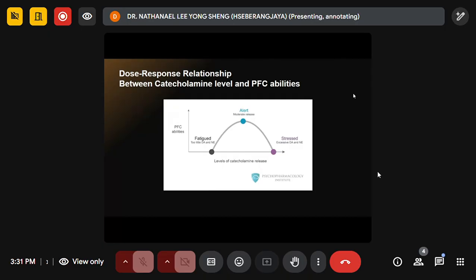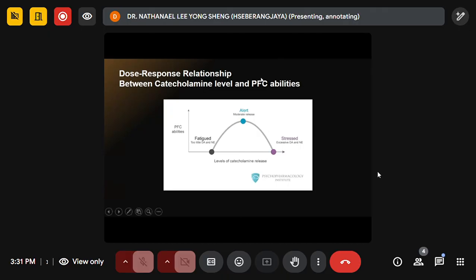The deficit of our prefrontal cortex is related to our ADHD symptoms, such as poor impulse control, weak sustained attention, and heightened distractibility. The neurotransmitters involved in prefrontal cortex ability are dopamine and noradrenaline. These are two key neurotransmitters that regulate prefrontal functioning.